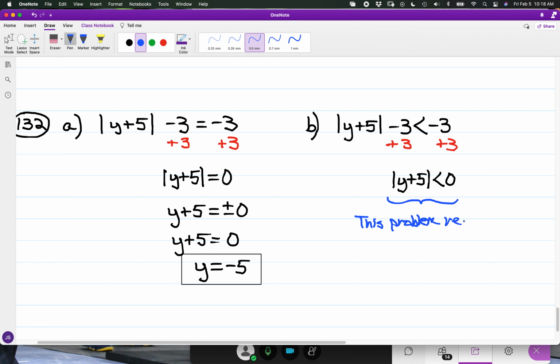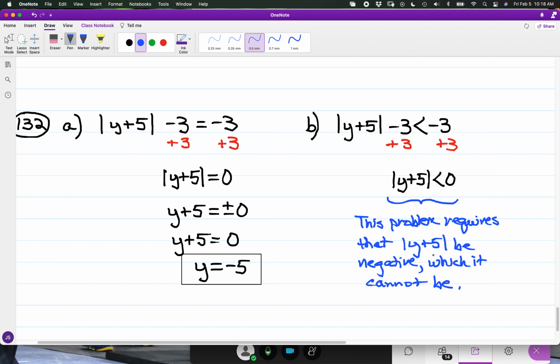And so this problem requires that the absolute value of y plus 5 be negative. Which it cannot be. Again, the absolute value of an expression cannot be negative.